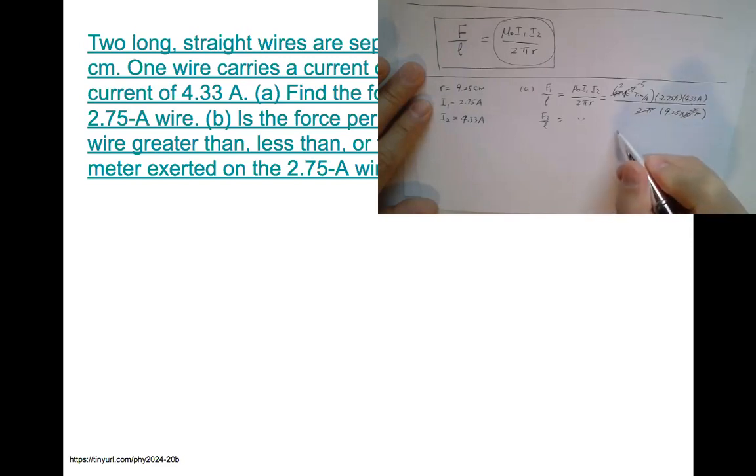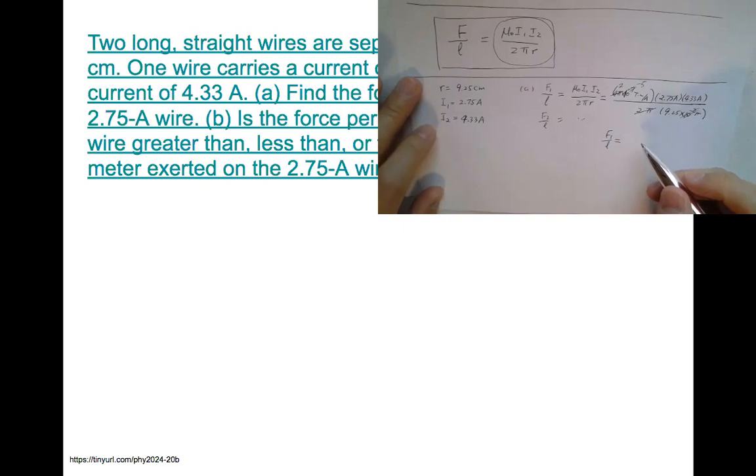At the end, this will give me F1 divided by L, the force per unit length, equal to, as I have calculated before, 25.7 times 10 to the minus 6 newtons, which I can express as 25.7 micro newtons.